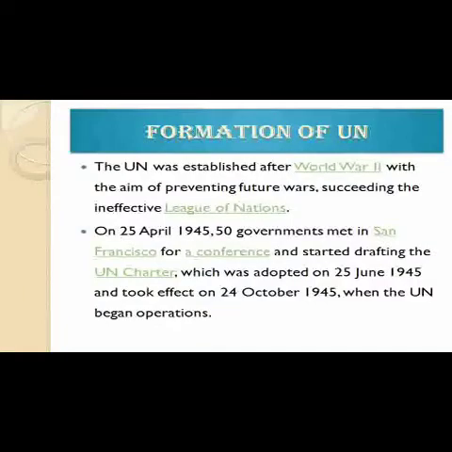Formation of the UN. The UN was established after World War II with the aim of preventing future wars, succeeding the ineffective League of Nations.